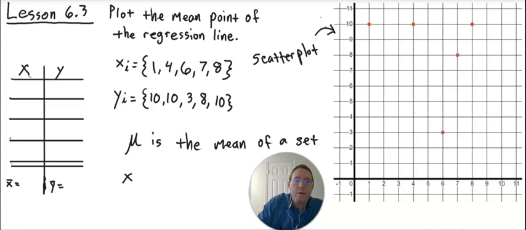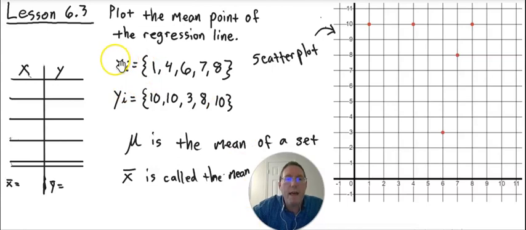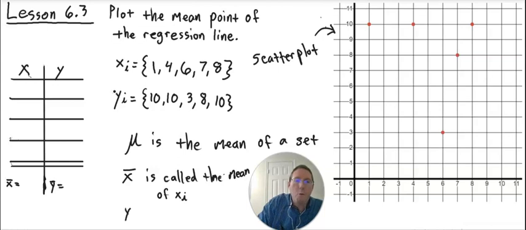So x bar is called the mean. If we want the mean of the x set, we use x bar, and we can do the same thing for the y set and call it y bar. So x bar is the mean of x sub i, whereas y bar is the mean of y sub i.